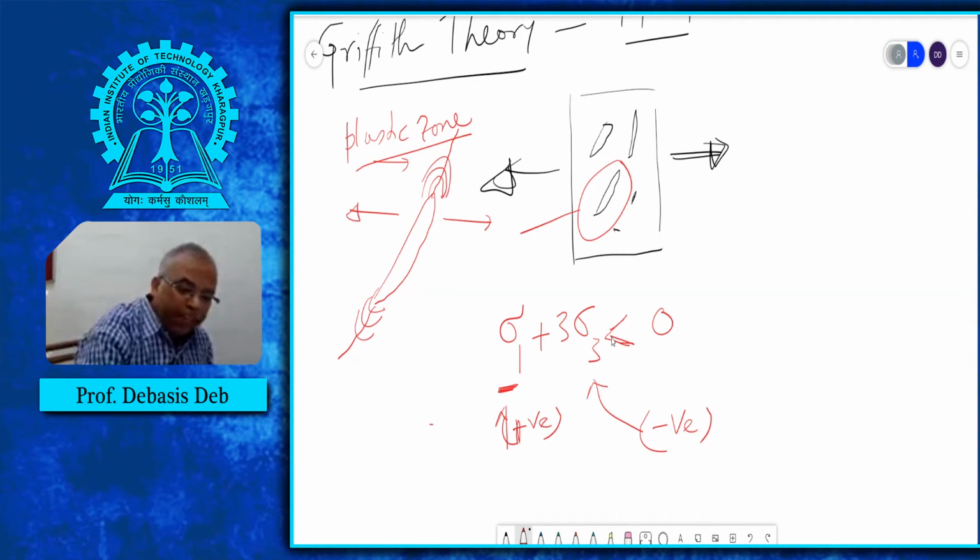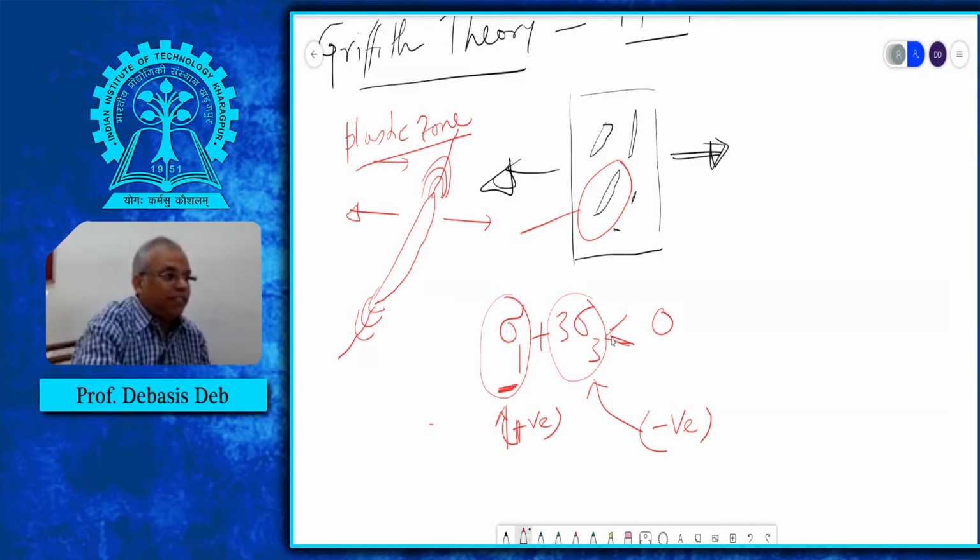So when 3 times of this is less than this, then we will assume that the failure criterion F is minus sigma 3 plus sigma t is 0.